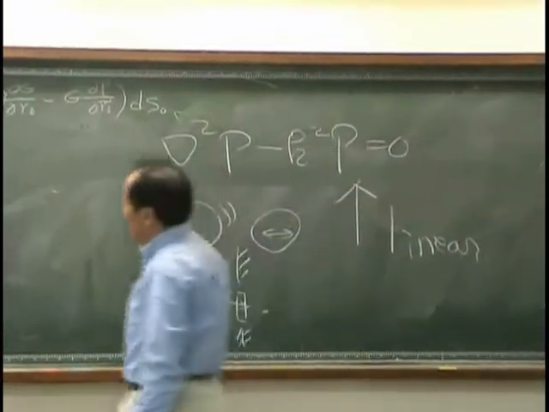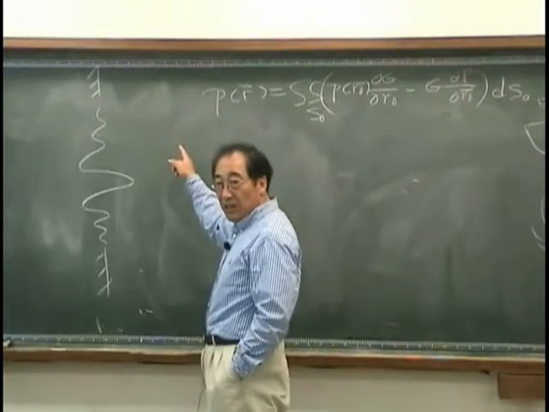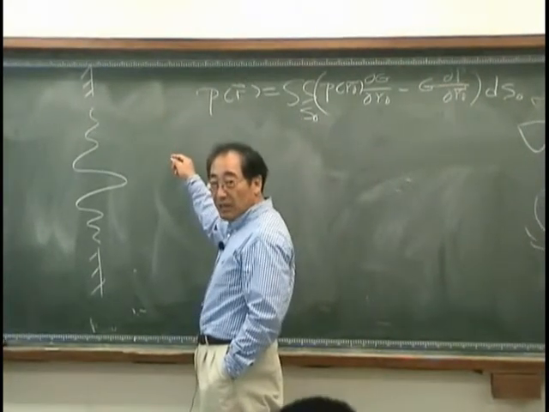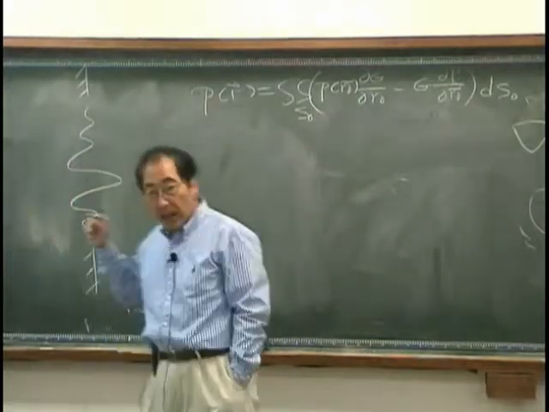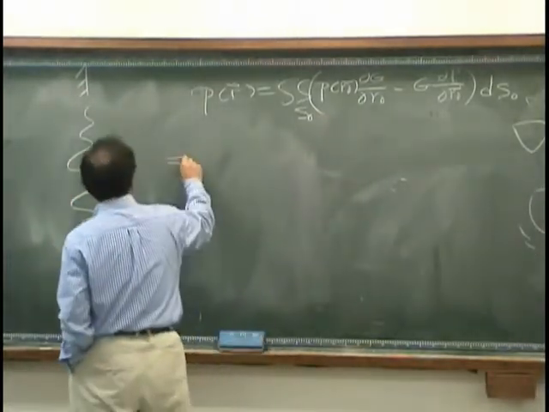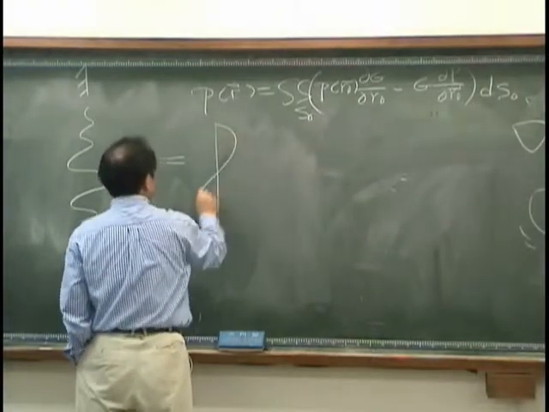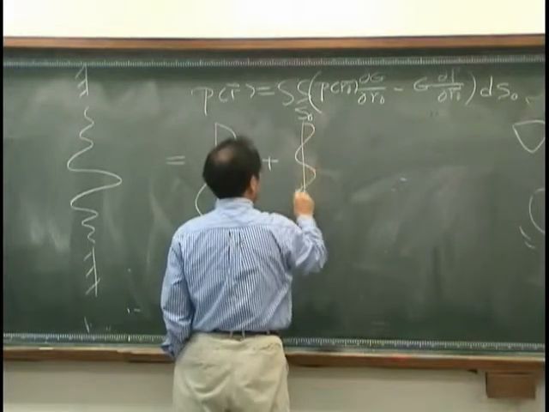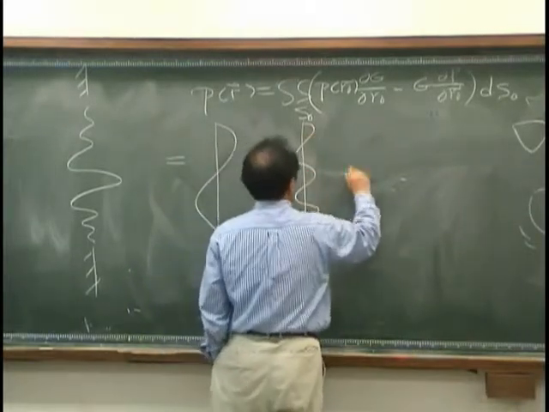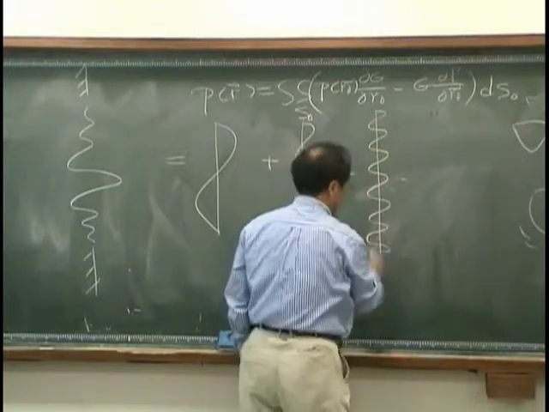Okay. And the other way to understand the vibration of this kind of vibrating sphere is just using the principle of superposition. And I can argue that the vibration of this is composed of this vibration plus this vibration plus, for example, this vibration.